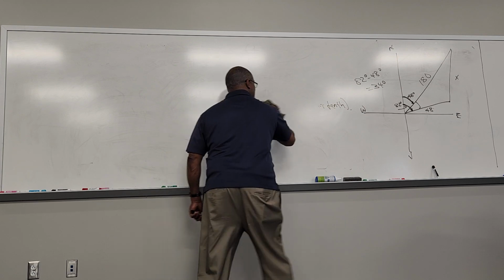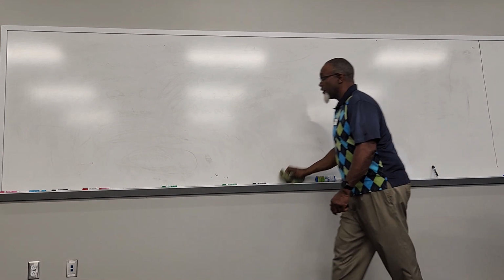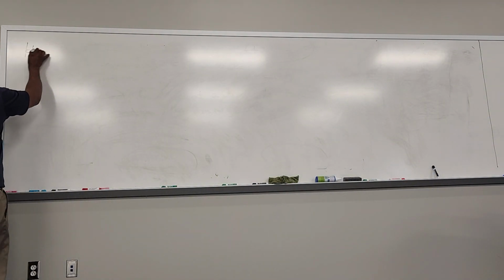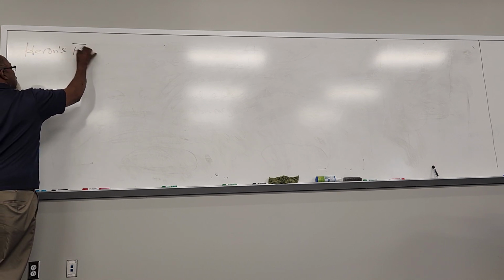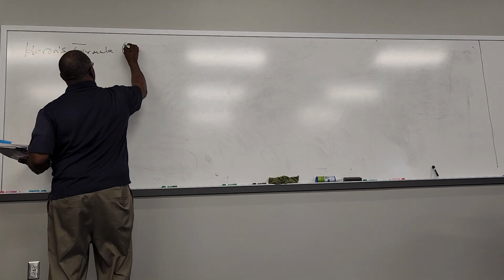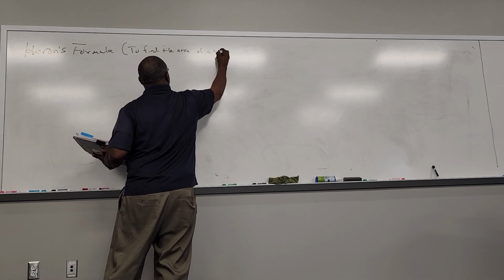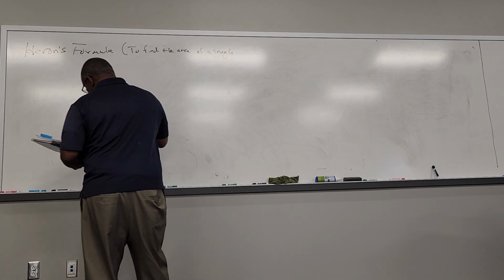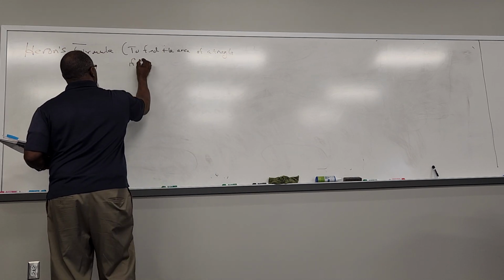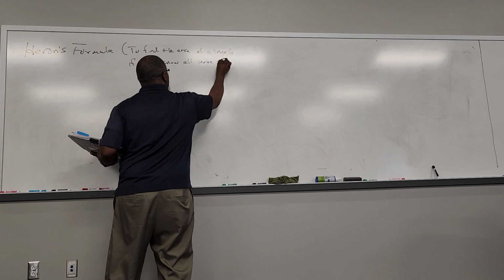Heron's formula. Heron's formula is used to find the area of a triangle if you know all three sides.